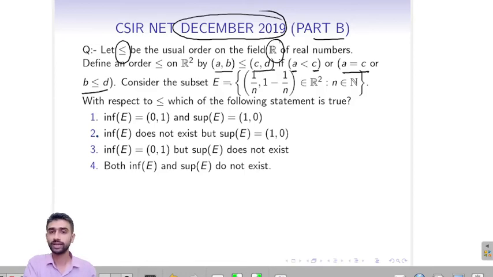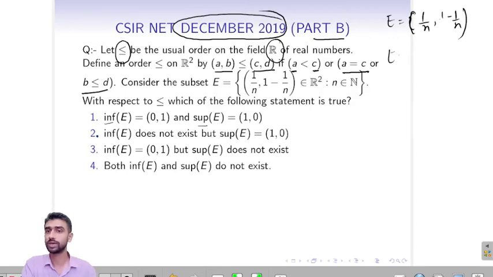Now it defines an element (1/n, 1 - 1/n), and with respect to it you are supposed to deal with the infimum and supremum. First, let me write the set: (1/n, 1 - 1/n). Let me put some values of n to get an idea how the set looks.